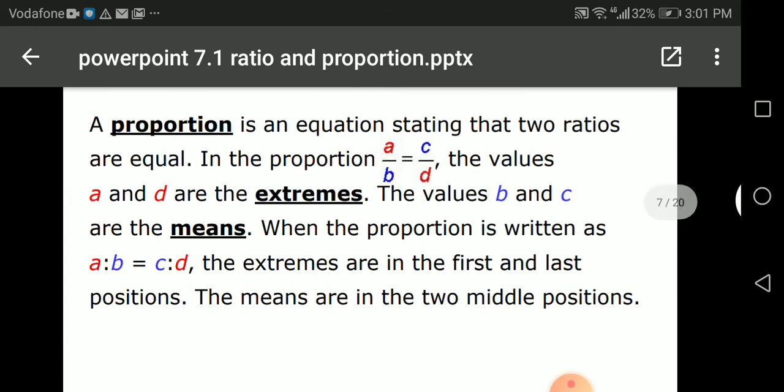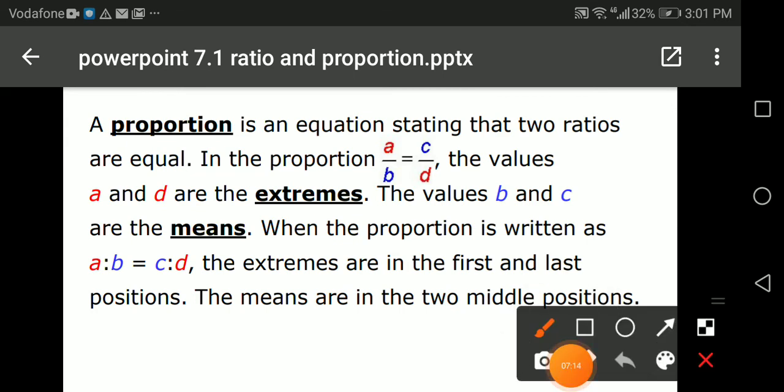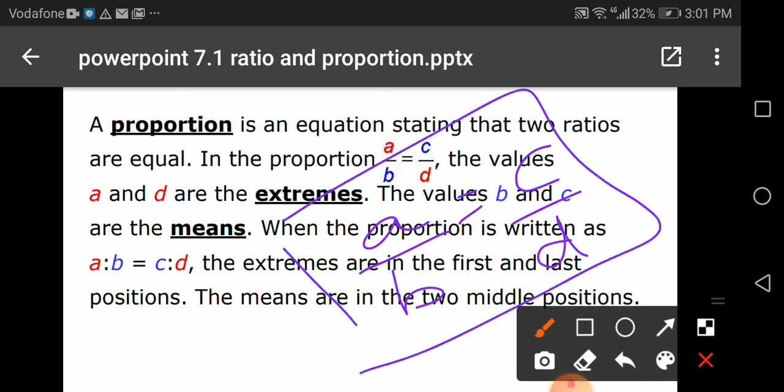What about here? We have another point. We have to talk about proportion. It's very easy, guys. We talked about this in previous years. When I have A over B equal to C over D, this is called what? A proportion. So the two ratios here are equal.